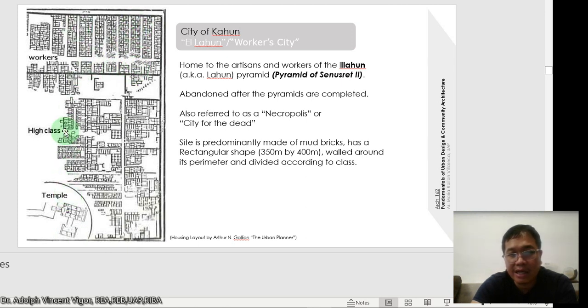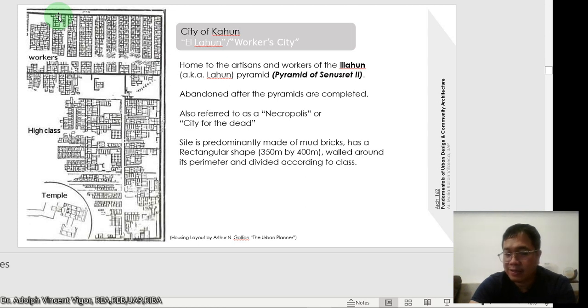You could see that the higher class are nearer the temple for worship, and the workers are more at the outskirts. I think in ancient times it was more common to see a division between classes. Right now in our modern times, we try to make sure that everything is inclusive already.